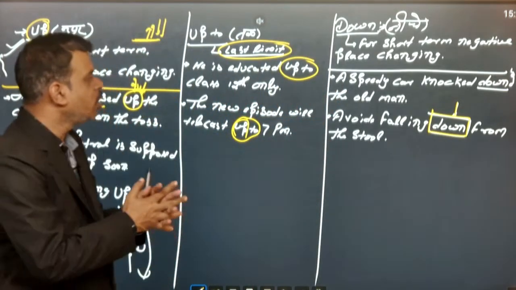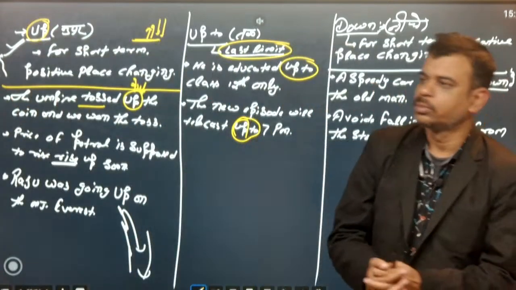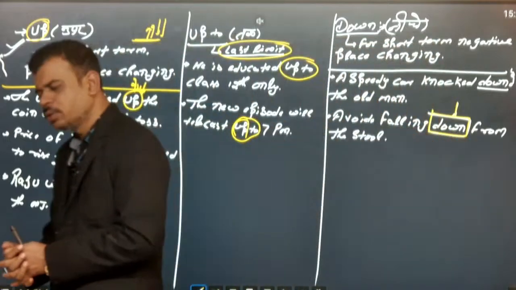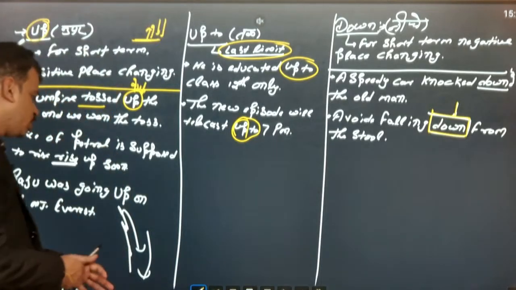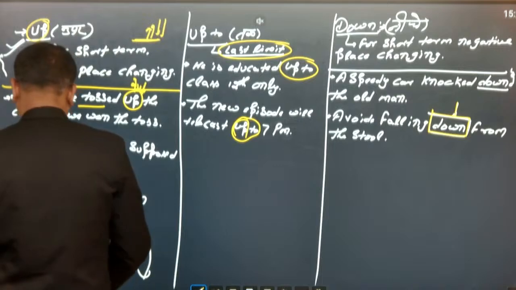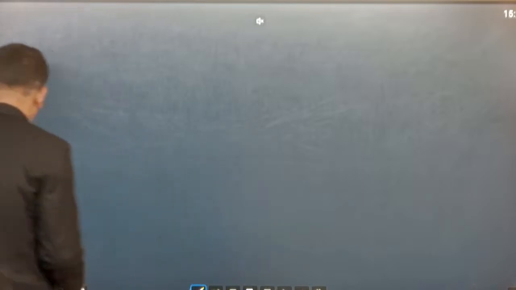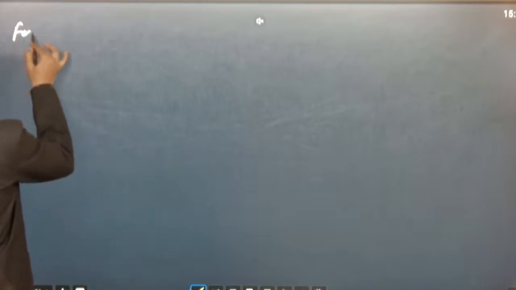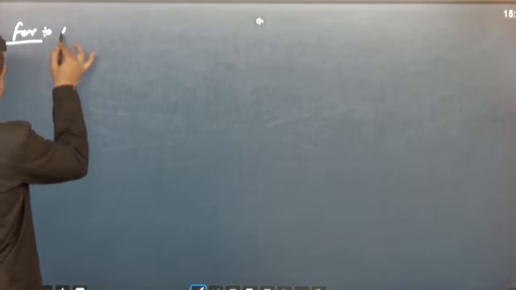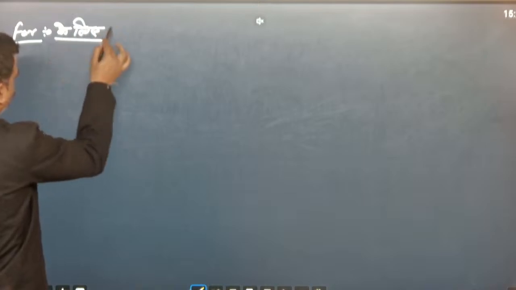नेक्स्ट, इन, इनटू, एट, ऑन, अपॉन, ओवर, ओवर टू, up, down, up to. Now the next word, the next preposition is for. के लिए.